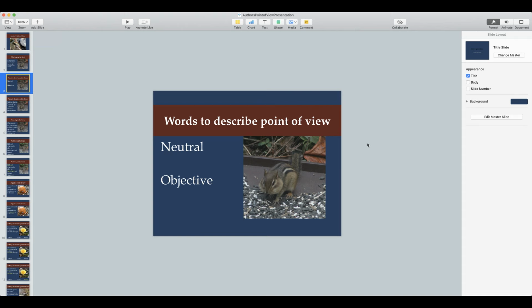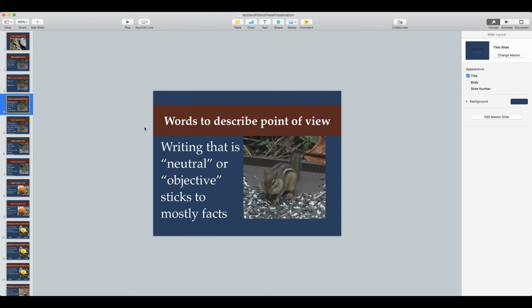So words that we can use to describe point of view. We can use the words neutral or objective. That means fact. Writing that is neutral or objective sticks mostly to the facts. Okay, it's not going to give an opinion about something, but it's going to give the facts about something, like the size of an animal, or where they live, what they eat, those kind of things.